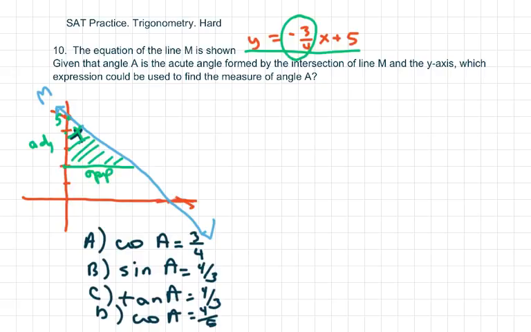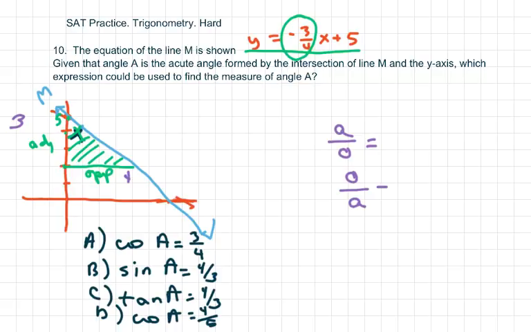And so looking at the answer choices, if this is adjacent and this is opposite, this side is 3. Let me do that in purple. This is 3, and this is 4. So we know that adjacent over opposite is, we need opposite over adjacent.